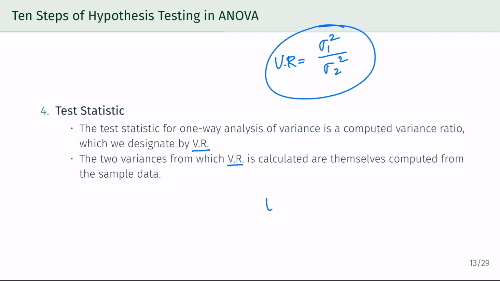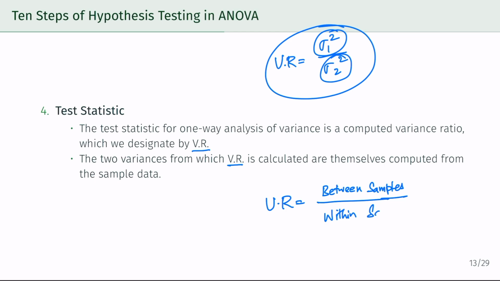We have two types of variations, which I already talked about before. One variation is between samples, and the other variation is within samples. So the variance ratio represents between samples variation divided by within samples variation.